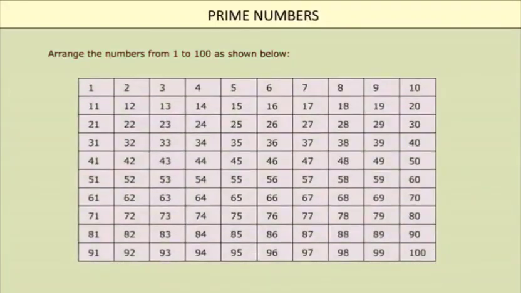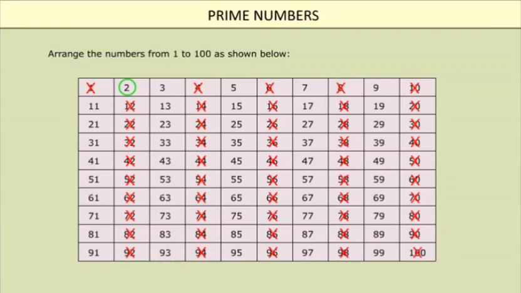Finding prime numbers. Arrange the numbers 1 to 100 as shown below. We can use steps 1 to 5 here. According to the steps, we have to complete our prime numbers. Step 1. Write down all the natural numbers from 1 to 100 in rows of 10.